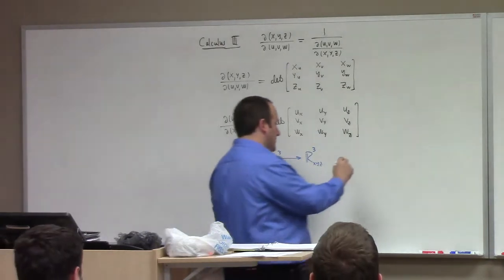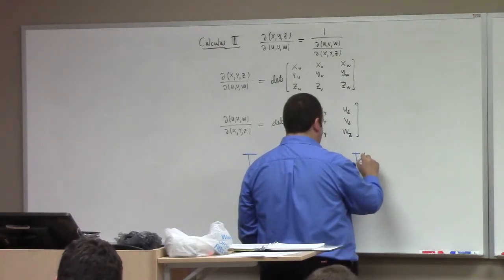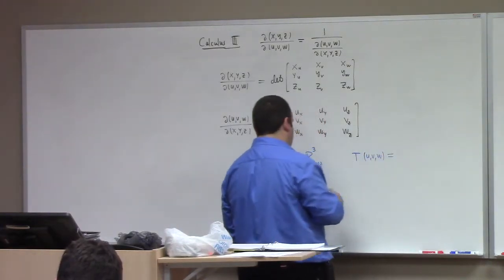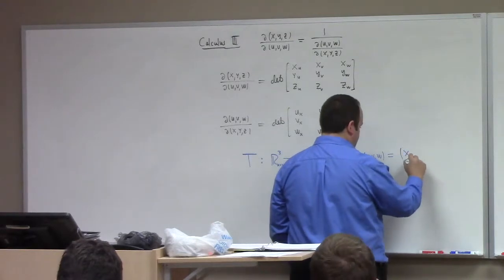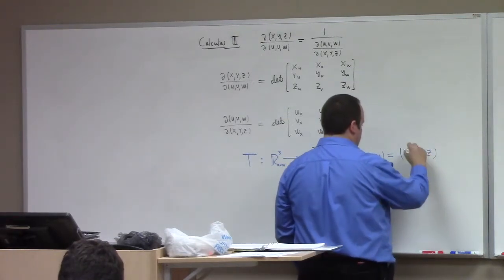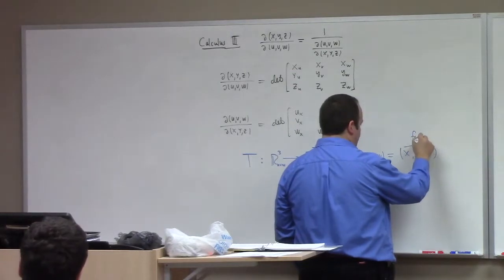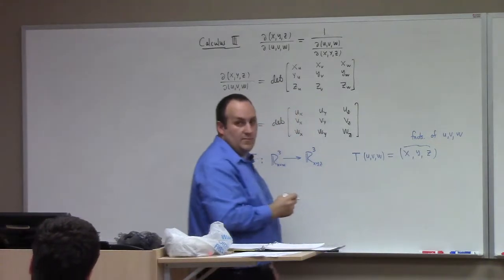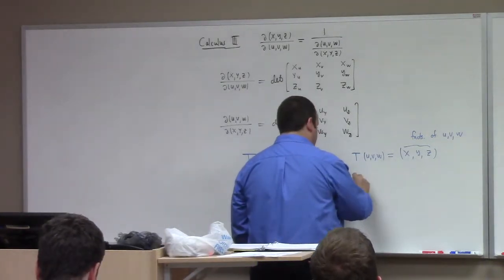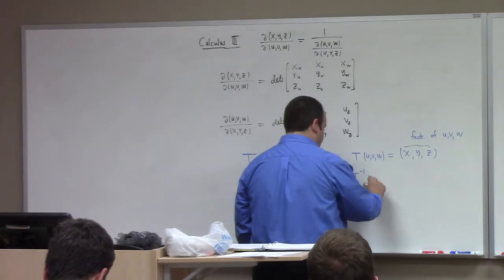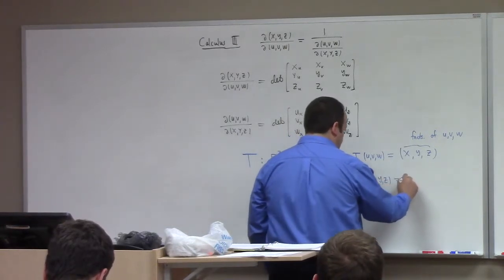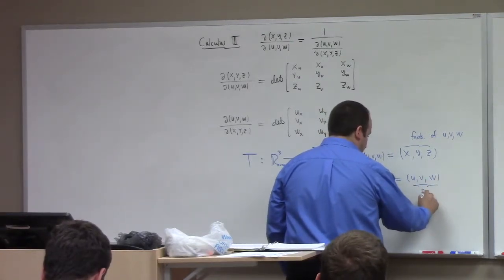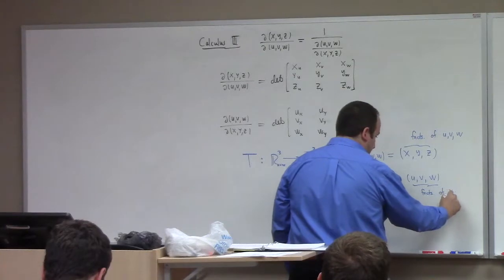So we're saying T of (u,v,w) equals (x,y,z), and these are all functions of u, v, and w. But on the other hand, we have T inverse of (x,y,z) equal to (u,v,w), where u, v and w are now viewed as functions of x, y, and z.